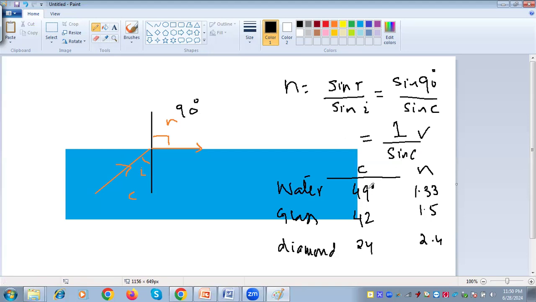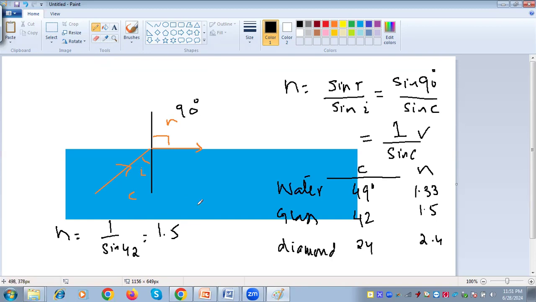So we can check one of the values, 1 upon sine 42. What comes when we use 1 upon sine 42? It's coming 1.5. So when you use for water, 1 divided by sine 49, that is giving us 1.325, almost 1.33.